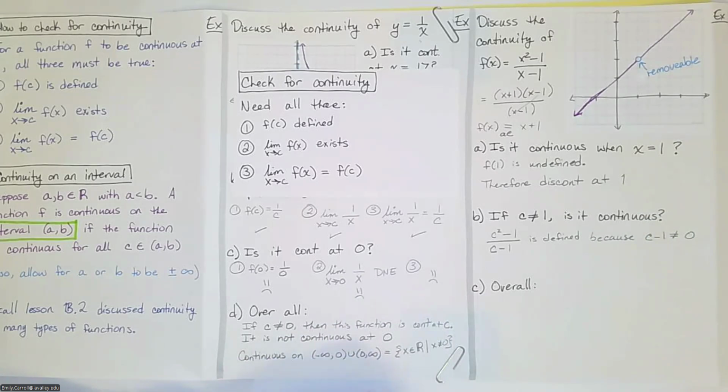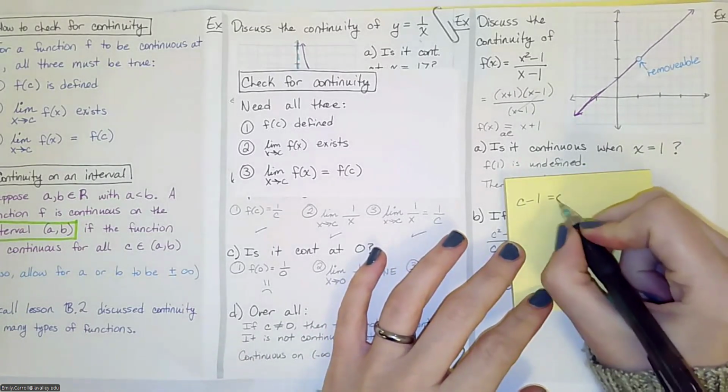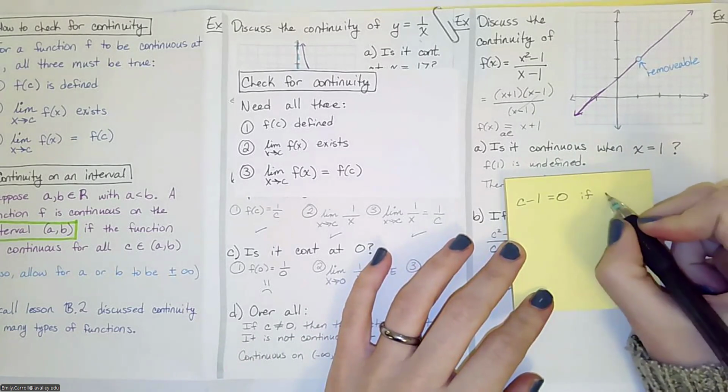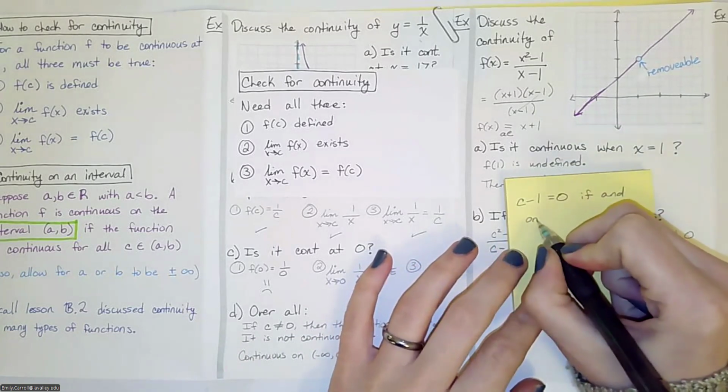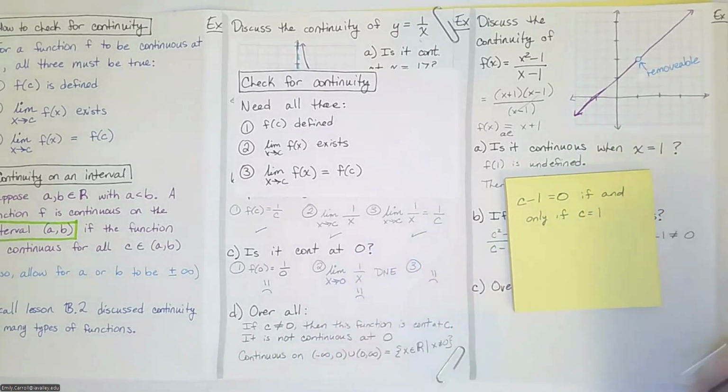There we go. There's another example of an if and only if. c minus 1 equals 0 if and only if c equals 1, right? Like those two things are true in all of the exact same circumstances.